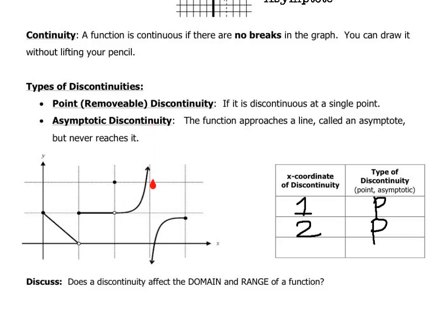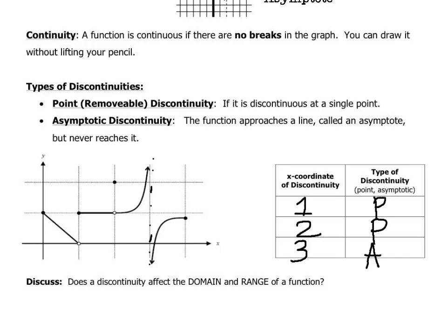And then on the other side of 3, it goes on again, and we end up at 4. Okay, so there were lots of breaks in the action along the way. Our last discontinuity occurred at x equals 3, and that was an asymptote. That was where the graph got really, really close to this imaginary line. So you could actually draw in a dotted line if you wanted to, that the graph gets really close to.